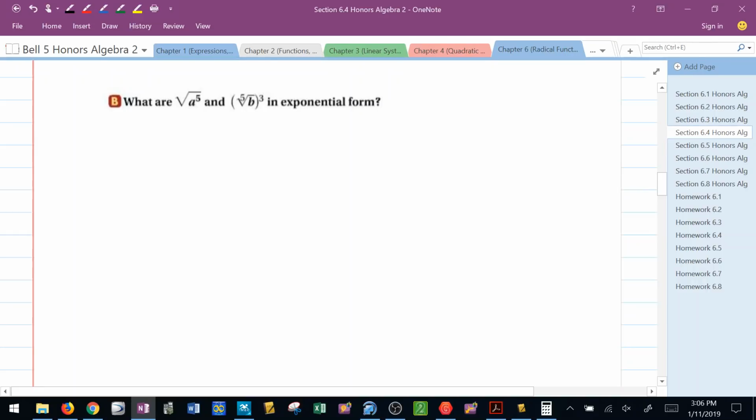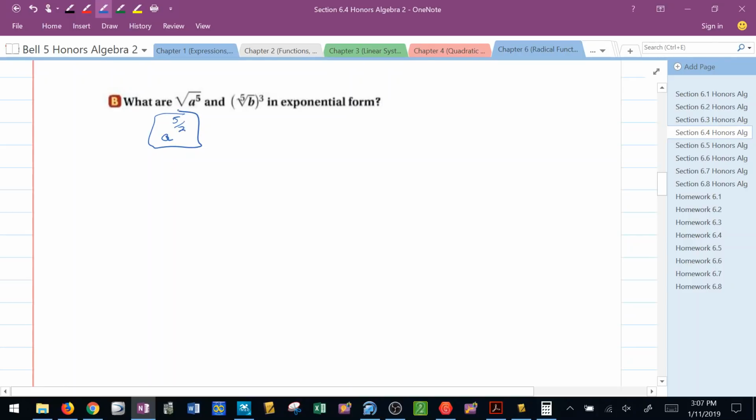So if you kind of have figured it out by now, guys, my number one concern with you guys today is, can you convert between these two forms, and can you simplify some basic square roots, third roots, fourth roots, stuff like that? Okay, so this first one here, I know that the index is 2, which tells me I can write this as a to the 5/2.